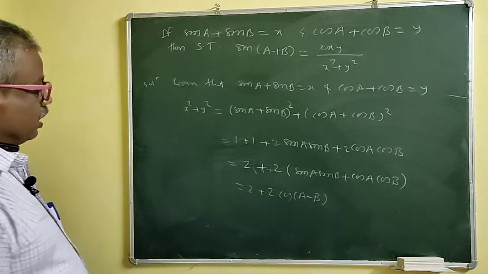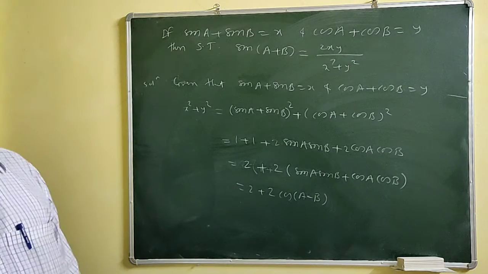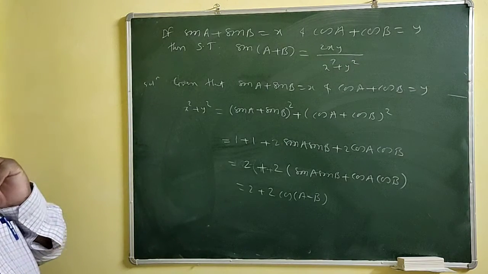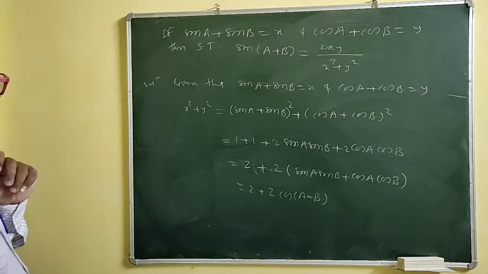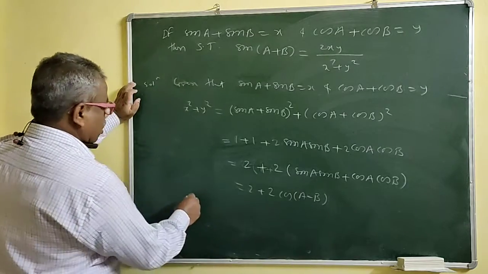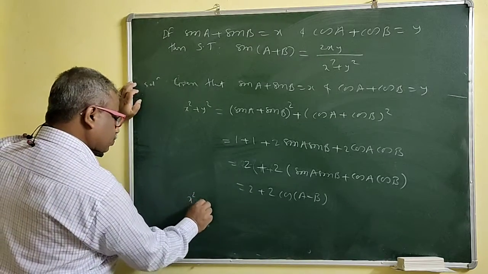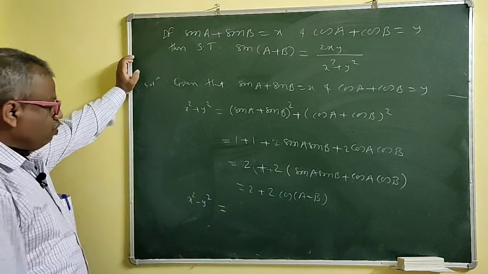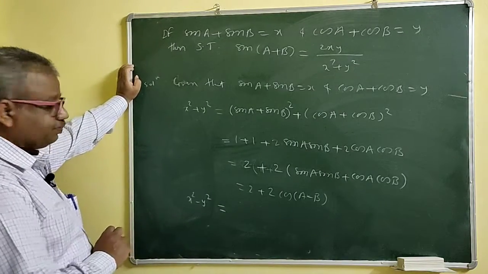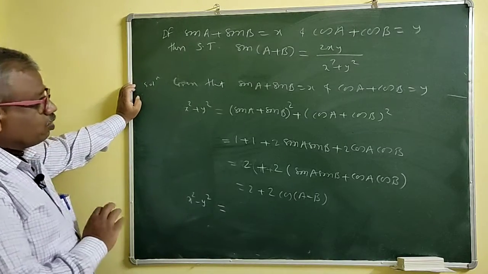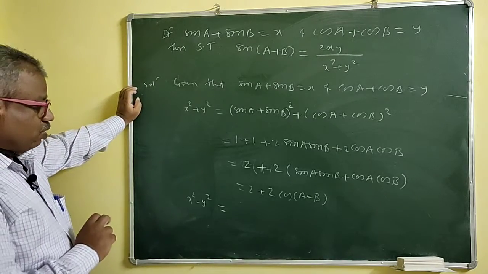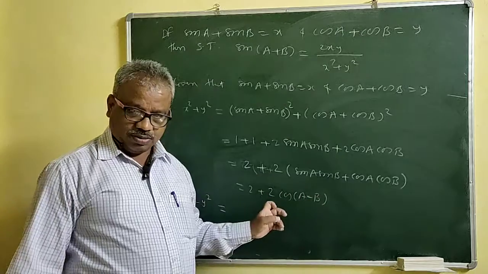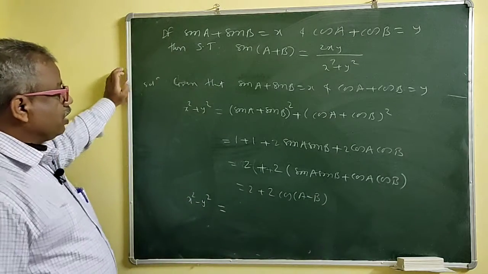But now what we want actually is cos A plus B. Right? So here we get cos A minus B. So we'll try for x square minus y square also. Okay. So we want this. So we'll keep this as it is. So now x square minus y square also we'll find this. Because what we get here is cos A minus B. Right?